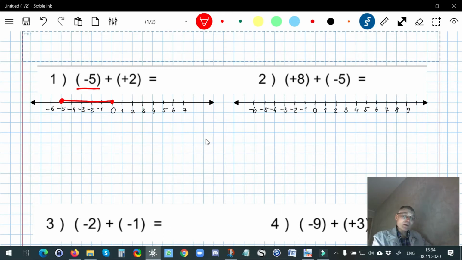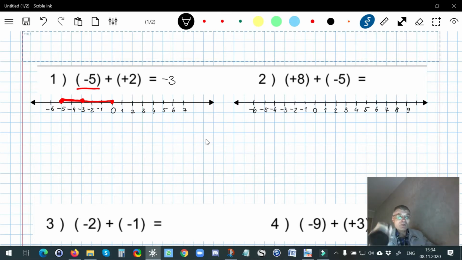And then to add 2, I should go in a positive direction, 2 steps. 1, 2. And I finish at -3. That's my answer: -3.